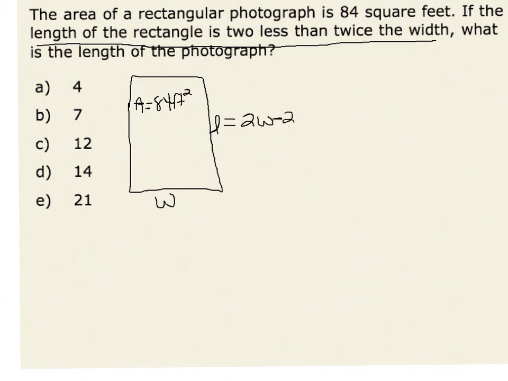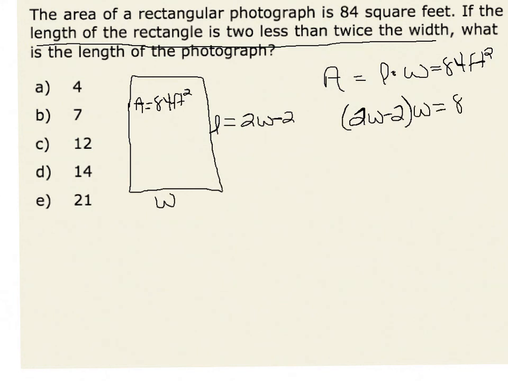When we calculate the area of our rectangle, we know that this is given by the formula length times width, and that is equal to 84 square feet. So for our problem, our length is equal to twice the width minus 2, and our width is W. And when we multiply our length times the width, we want to get 84 square feet.